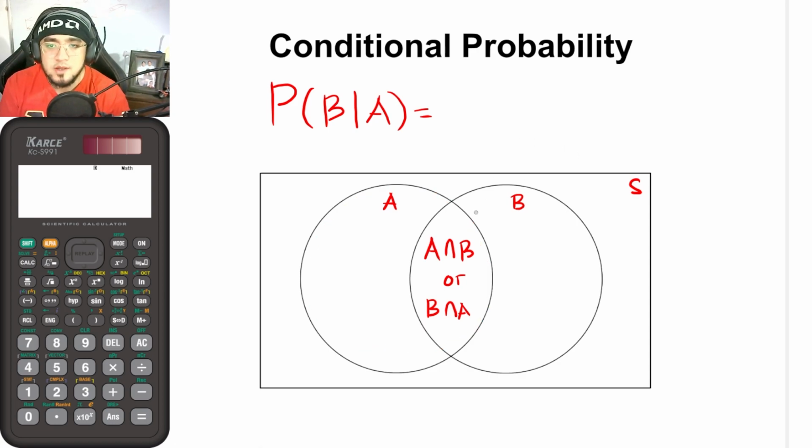From that, guys, what are the events in B whereas A would also occur? In other words, that is basically this area here, or the intersection of both of them.